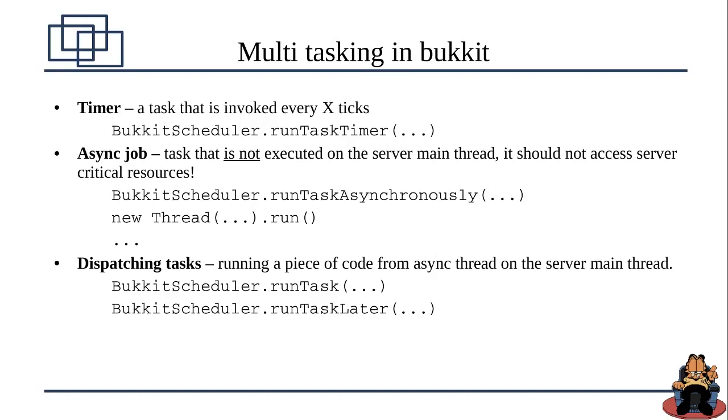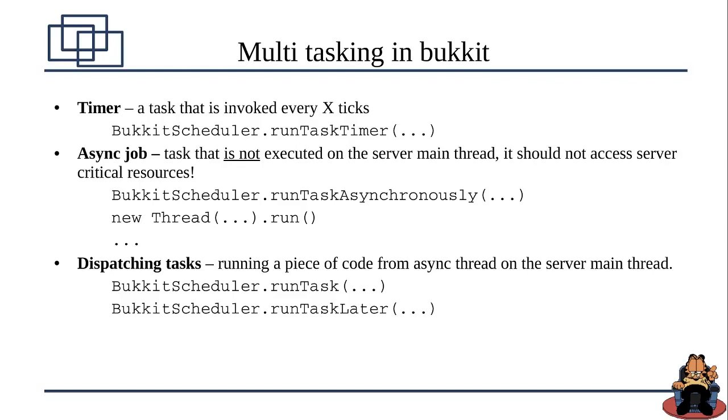When you have an async job or async thread, this code is not executed on the server main thread, therefore you cannot access the bukkit API from it. Well, technically you can access and some functions will work properly, but you should not access them.